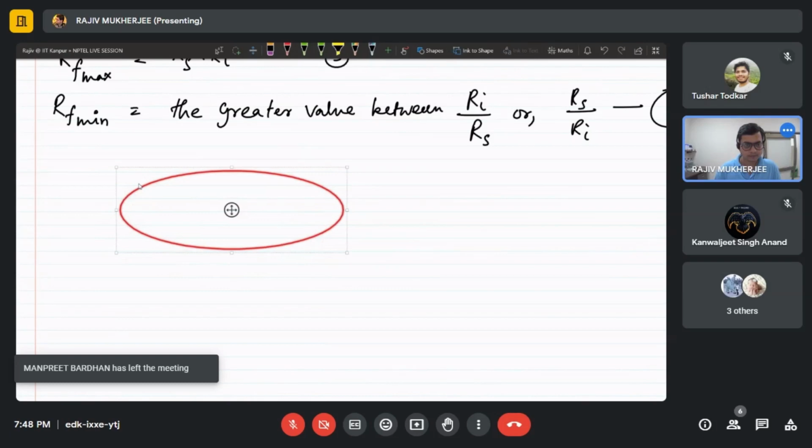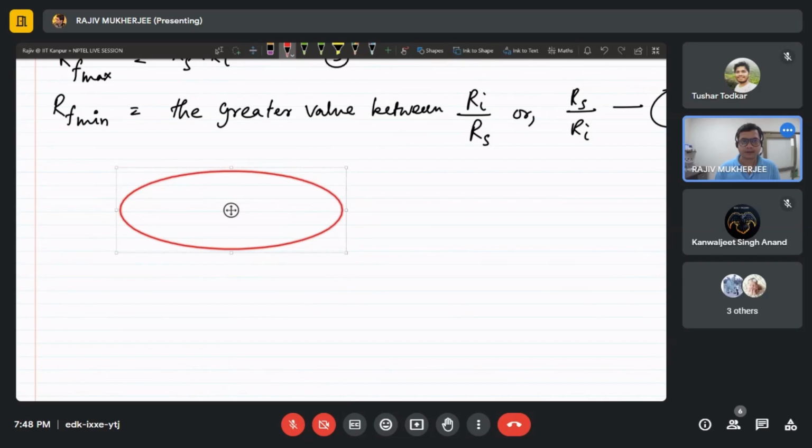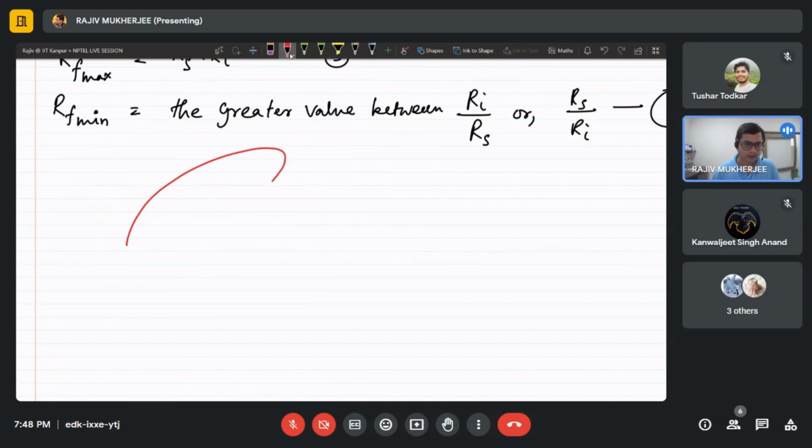Okay, so let me draw it freehand. So consider this as an elliptical marker, right? This is deformed, whatever it may be. So there is of course a long axis of this marker.